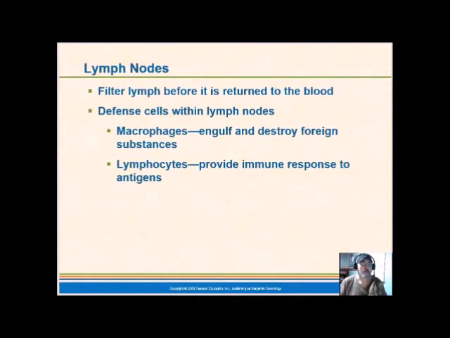Lymph nodes themselves filter the lymph before it returns, and there are several defense cells within the lymph nodes. These include cells called macrophages, which we'll talk about in a separate presentation, and lymphocytes.